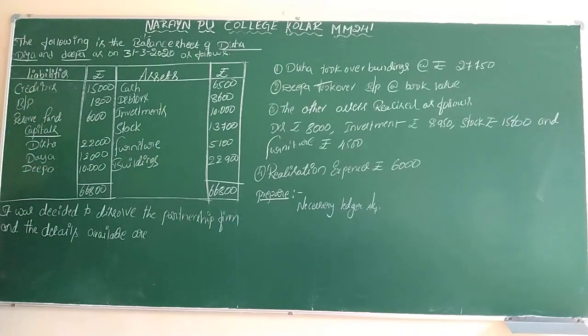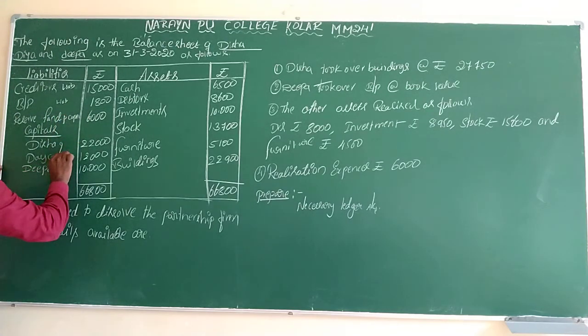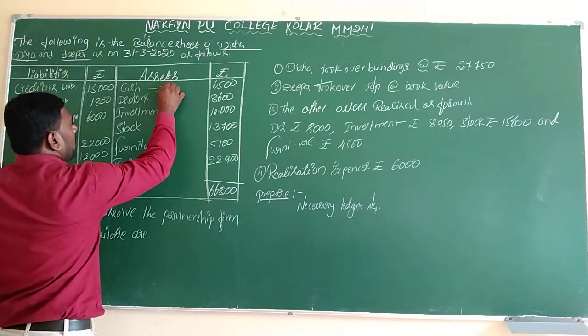Before making the solution or classification, we can imagine. Balance sheet is given. Creditors is a liability, bills payable is a liability. Reserve fund belongs to partners capital account, and the capital will come to partners capital account. Asset cash will come to cash account.